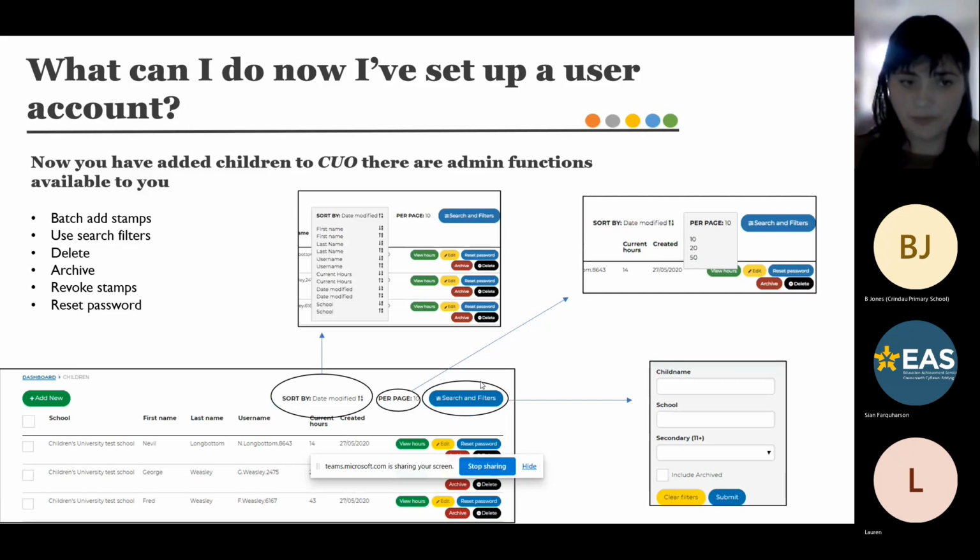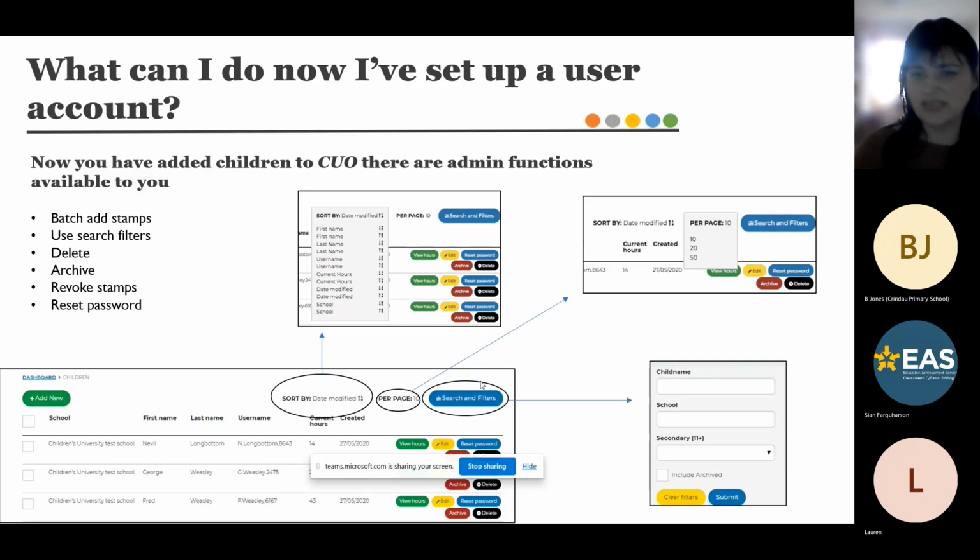The other thing that's available to you is the ability to batch add stamps to 50 children in one go. What I mean by batch adding stamps is, for example, say you've set up an activity for an extracurricular workshop, which is 2 hours.